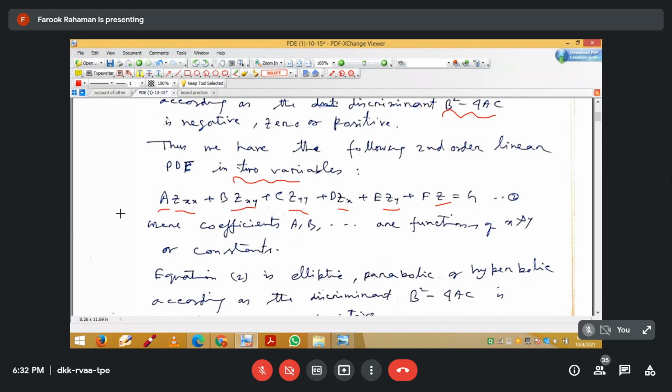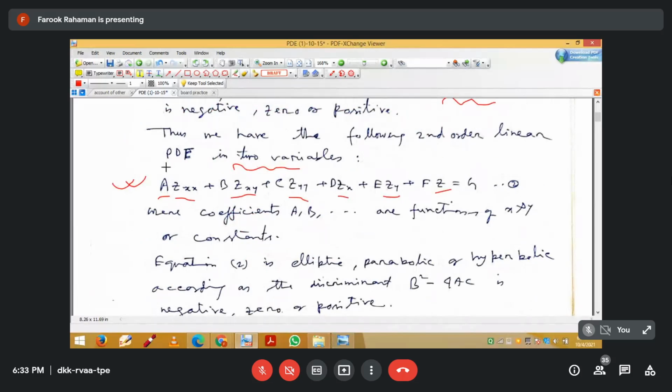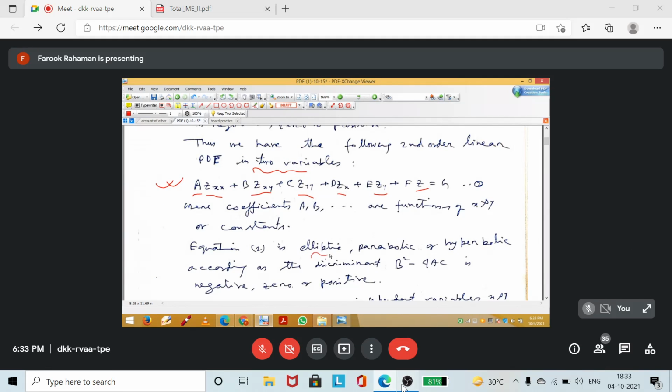If we have this particular form, compare it to the algebraic equation which represents a conic section in your class 12 level knowledge. In a very similar way, this differential equation can be represented in different forms, which are known as elliptical form, parabolic form, and hyperbolic form.